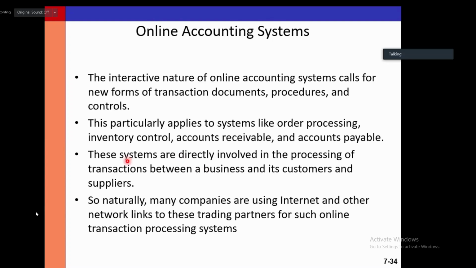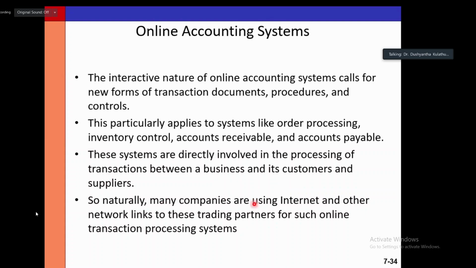These systems are directly involved in the processing of transactions between a business and its customers and suppliers. So the ones that we highlighted earlier are directly related to the transactions that a business organization performs with its customers and suppliers.